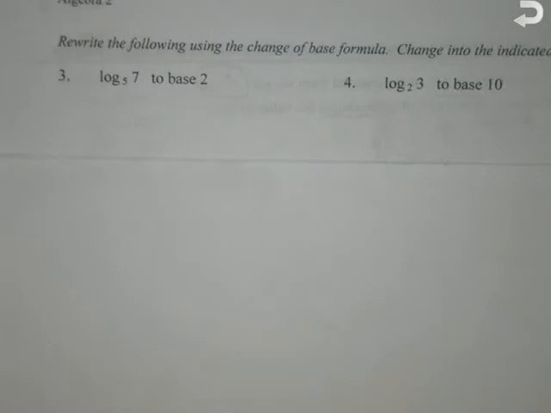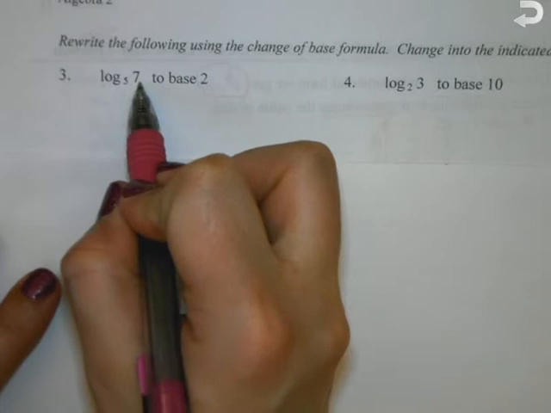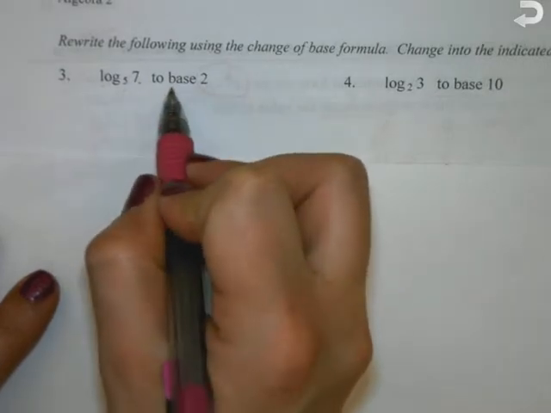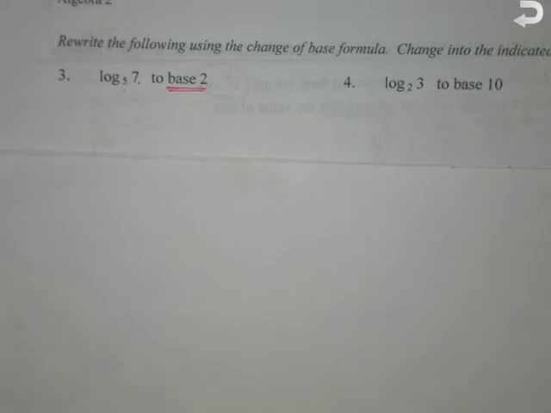Okay, so we're going to do two problems using change of base formula. So the first one, I want you to find log base 5 of 7, and I want you to use change of base formula to change to a base of 2. So just like I said, normally the purpose of this is to change it to bases 10 or E to use in a calculator, but just to practice, because I'm not going to have you plug them into a calculator, I want you to do it in base 2.